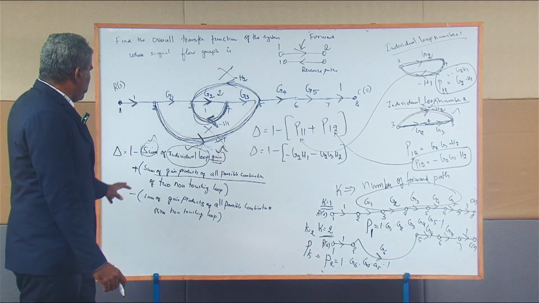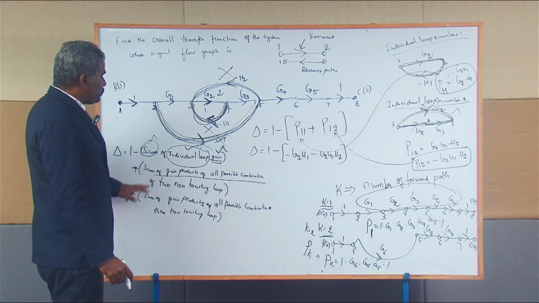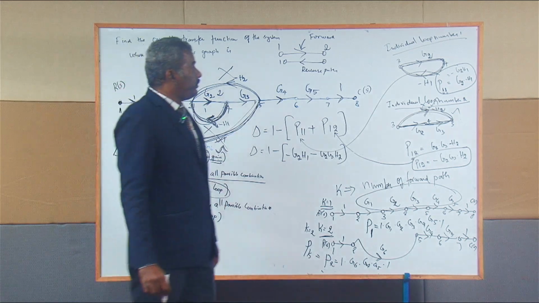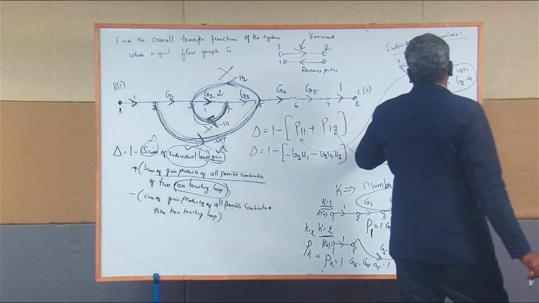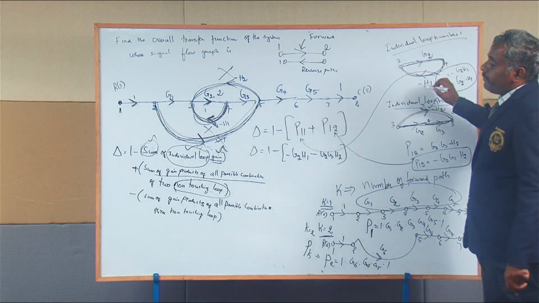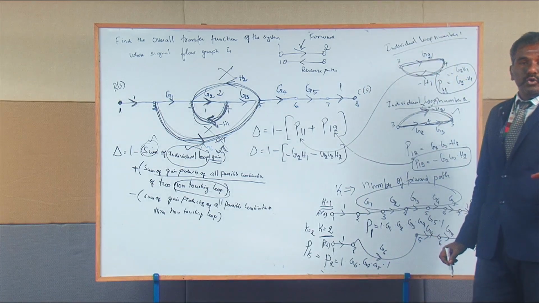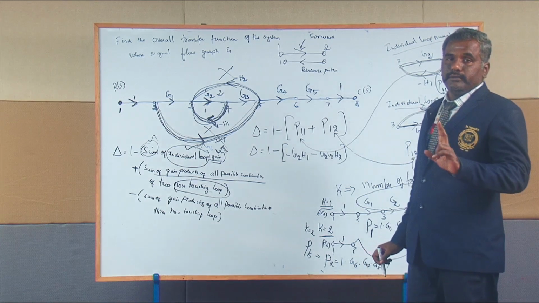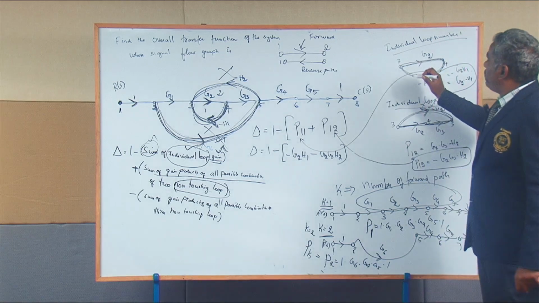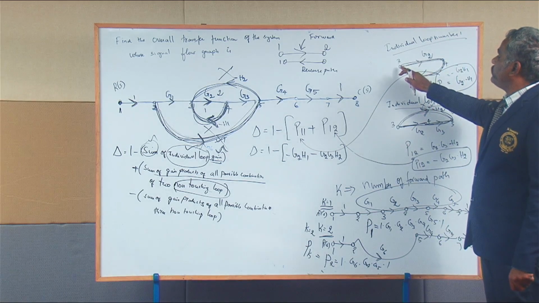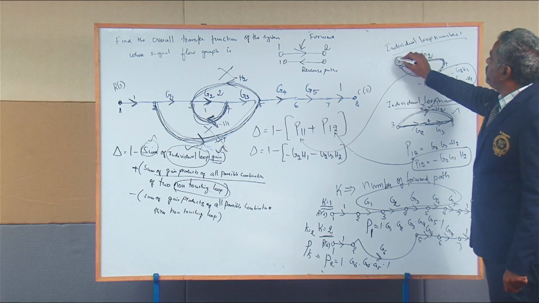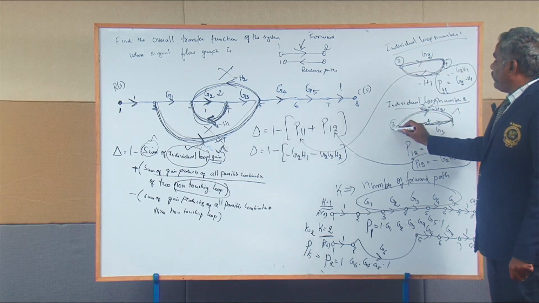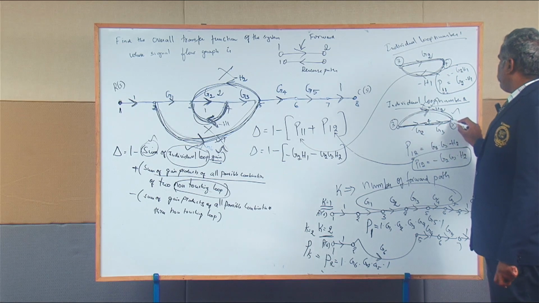In the delta formula, the next step is to find the two non-touching loops. From the individual combinations of loops, you need to check whether any loops are non-touching. That you can check based on the node number itself. Here you may find node number 3 and node number 5, that is 4, and here you may find node number 3 and node number 5, 4.